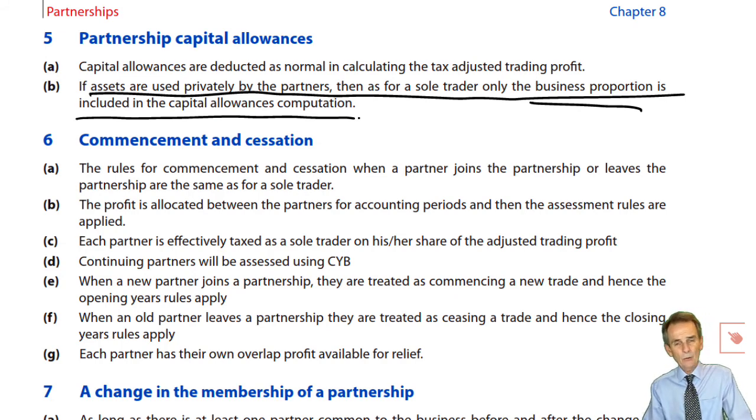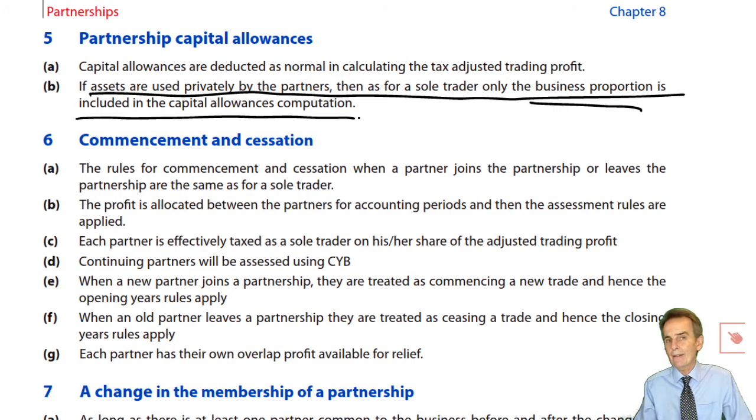What we're going to deal with next, which we'll introduce at the end of this lecture and then deal with examples on in our next lecture together, is what happens when the partners themselves change, i.e. an old partner leaves the partnership and or a new partner joins the partnership.